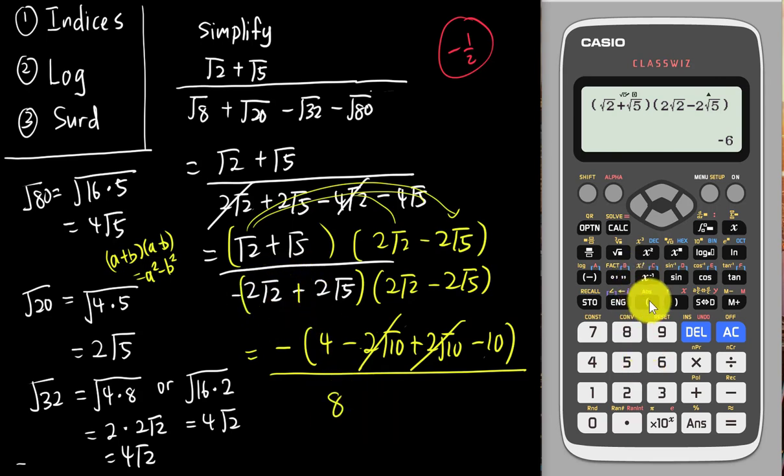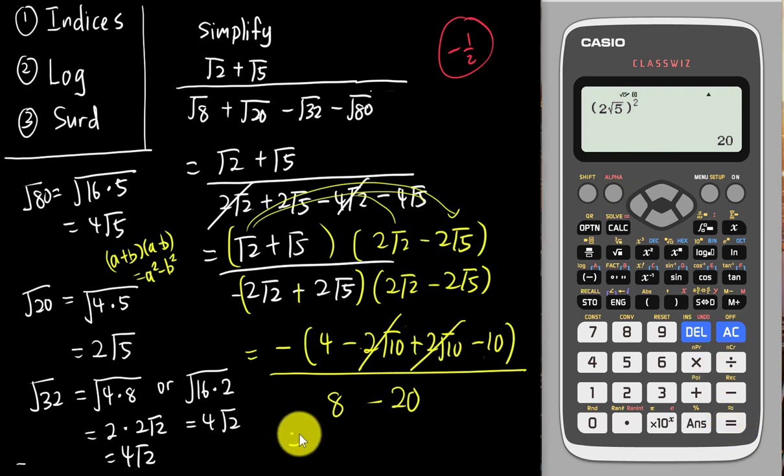Of course, you can use the calculator like this: 2 sub 2, close the bracket, and then press square, and the calculator should tell you it's 8 as well. Then b squared is basically 2 sub 5, the whole thing squared. 2 squared is 4, sub 5 squared is 5, 4 times 5 is 20. Then you can do the same thing here as well. Change the 2 into the 5, and you still will get 20 here.